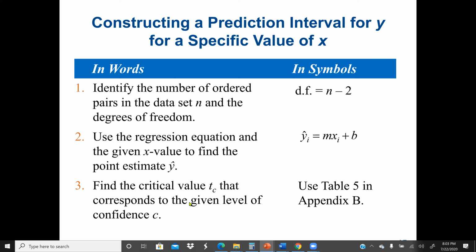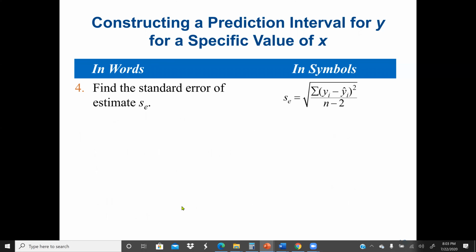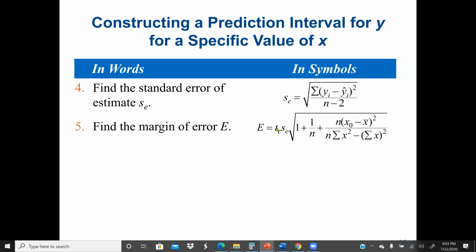So we find the critical value tc that corresponds to a given level of confidence, c. Then after that, we can find our SE, which is the standard error of estimate. We need this in order to find the error. And next, we have the tc from the table and we just found our SE. We know our sample size already, x is given.